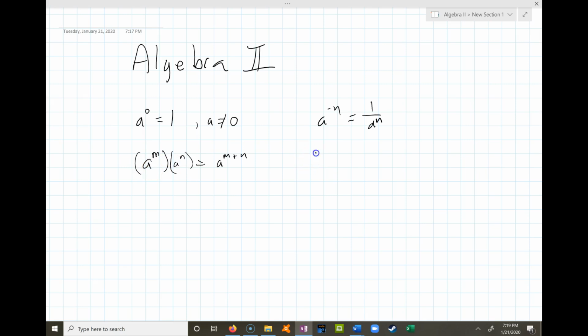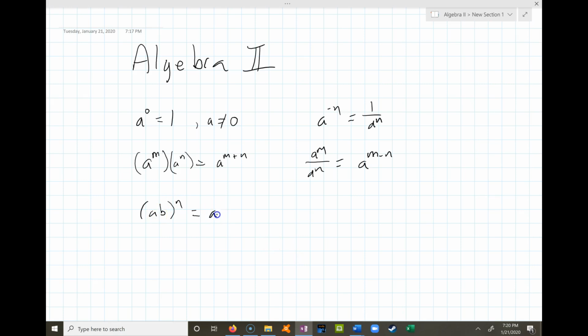And likewise, if we have a to the m divided by a to the n, a shortcut for that would just be to subtract the exponents. And two more. Remember that ab to the n is really just raising both a and b to the n power and multiplying them.